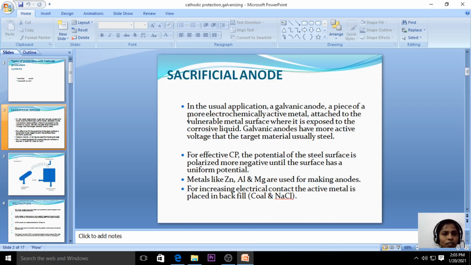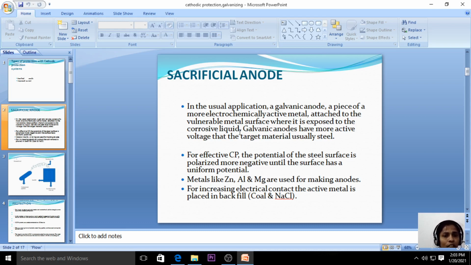Sacrificial anodic protection: in the usual application, a galvanic anode, a piece of a more electrochemically active metal, is attached to the vulnerable metal surface where it is exposed to the corrosive liquid. So whatever metal we want to protect is coated with a highly active metal.